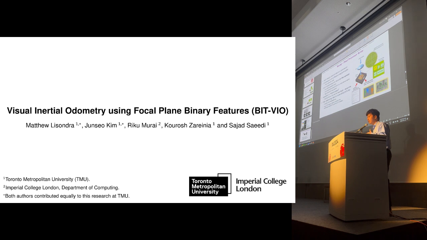So we do have to find some ways to make it an equal comparison. So yeah, we're working on some comparisons. The previous BIT-VIO actually compared with ORB-SLAM too, I think. So hopefully we're going to be comparing with other loosely coupled and tightly coupled approaches like ROVIO and other stuff like VINS. So yeah, we're still working on it.